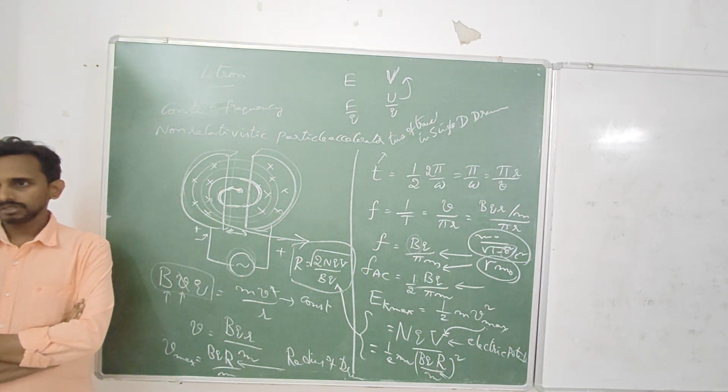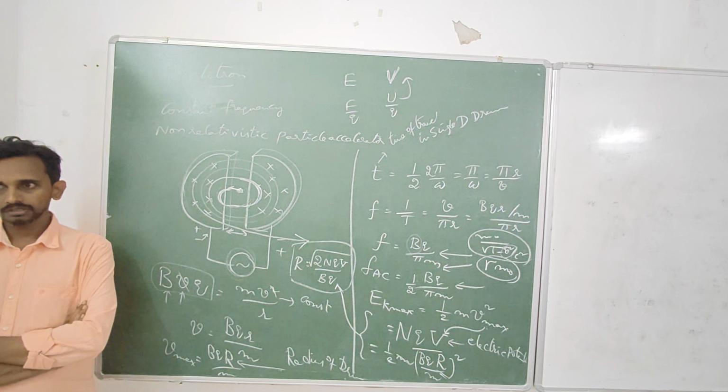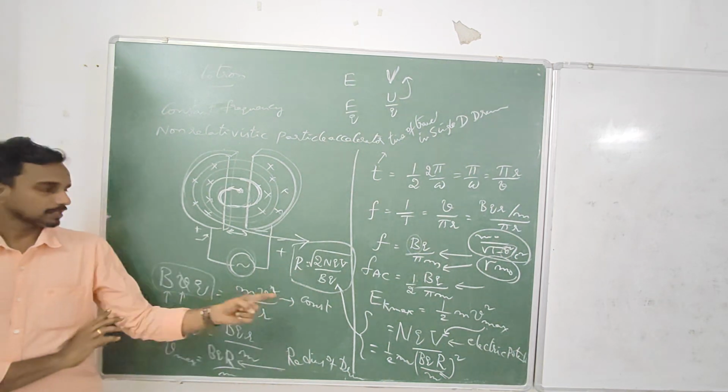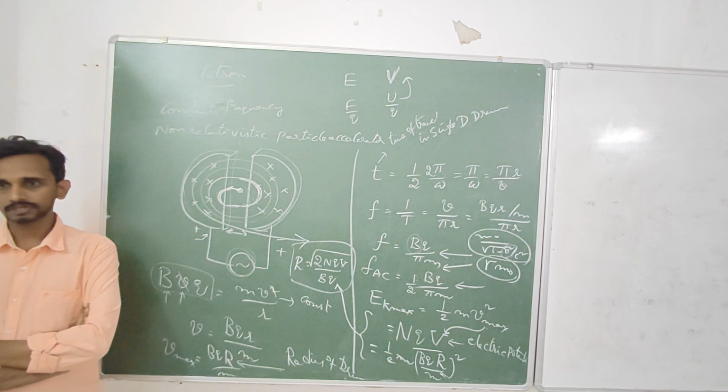That means what? You can raise the velocity, at the same time raise the radius, so that the ratio remains fixed. In other words, if I raise the magnetic field, I can raise the velocity and keep the particle in the same radius orbit.